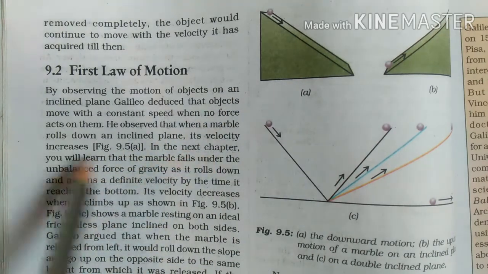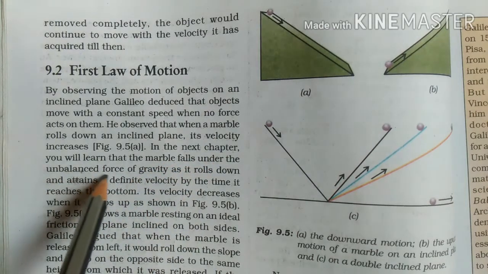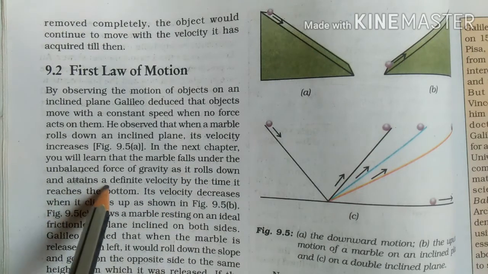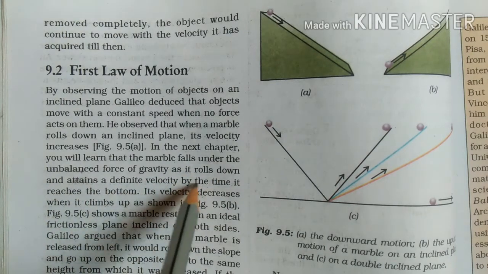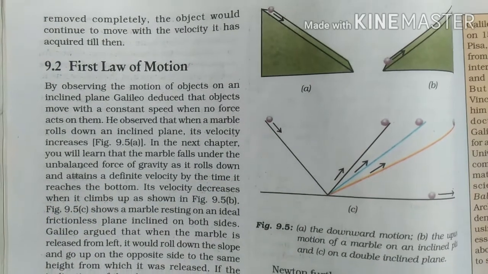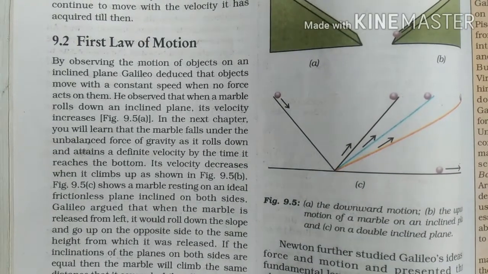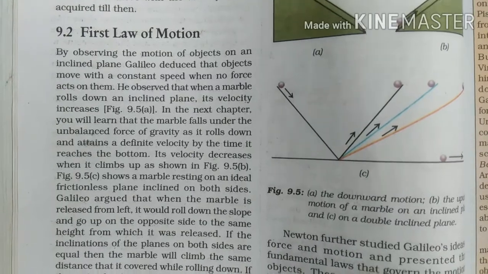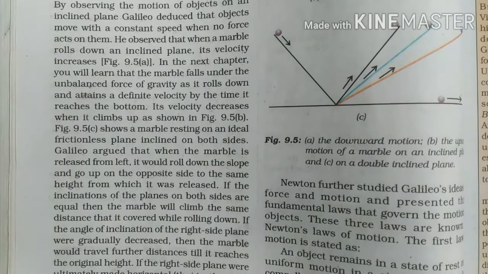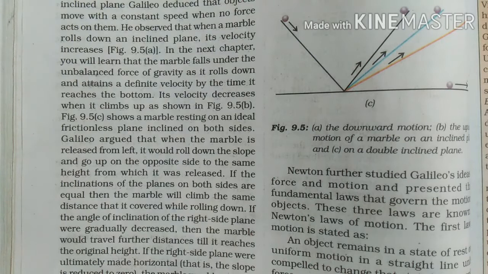In the next chapter, you will learn that the marble falls under the unbalanced force of gravity as it rolls down and attains a definite velocity by the time it reaches the bottom.